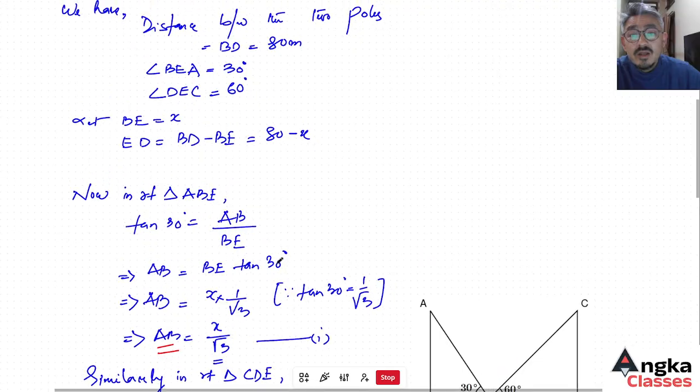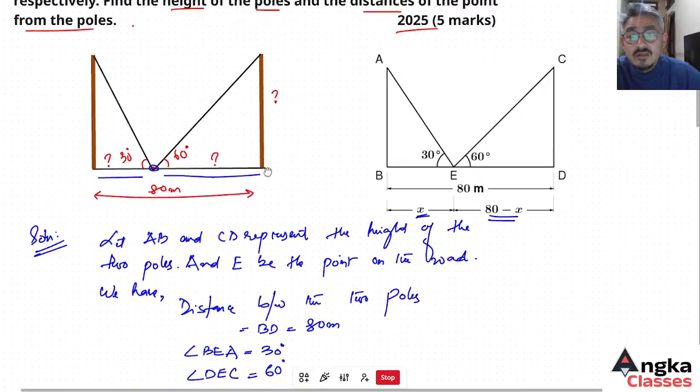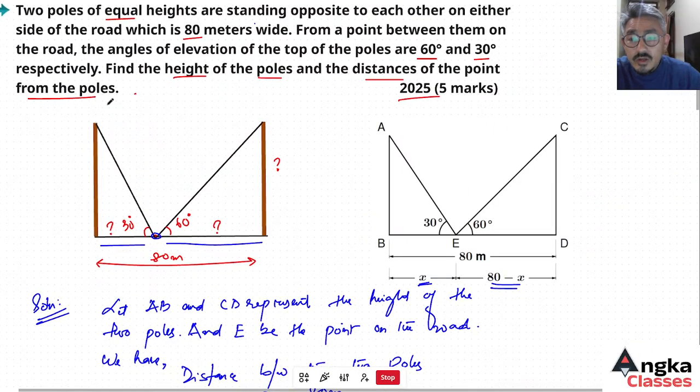Now, mathang naman amazu hangam is the distances of the point from the poles. So distances again no BE ga ED ga natra.